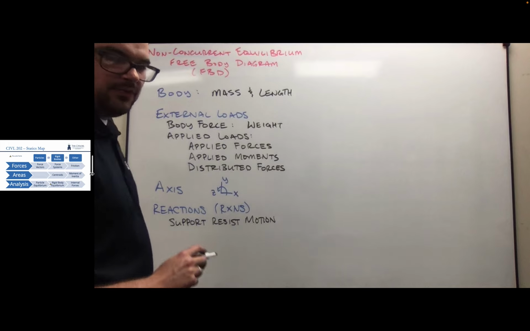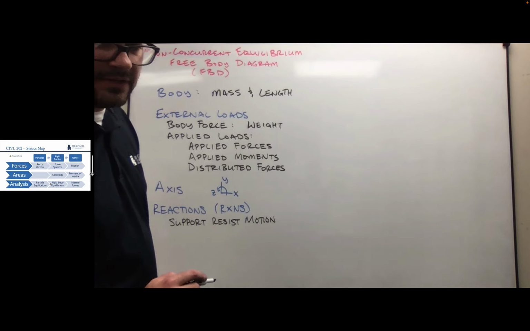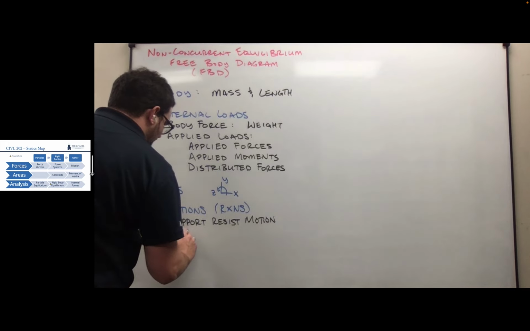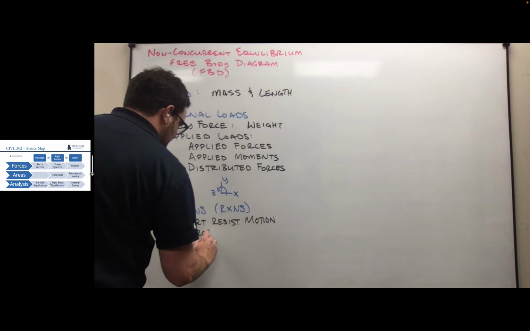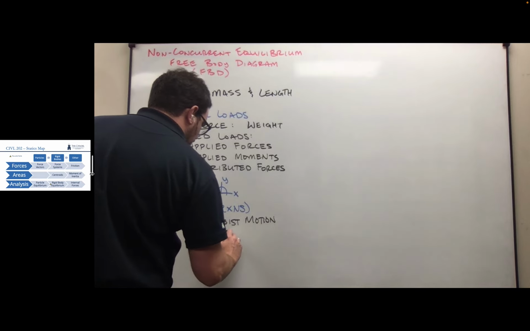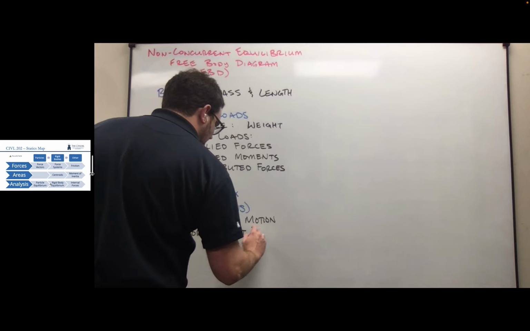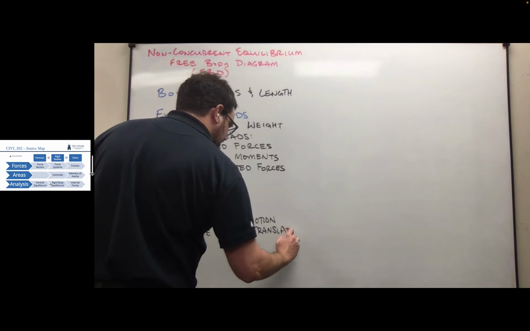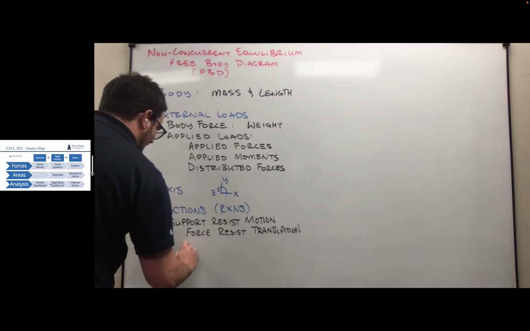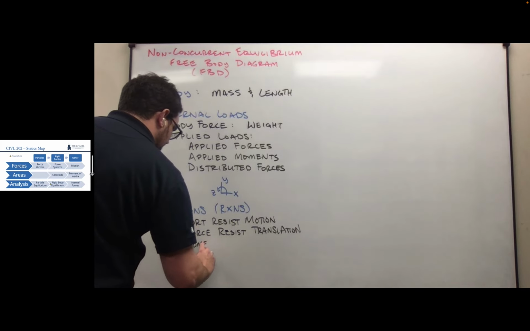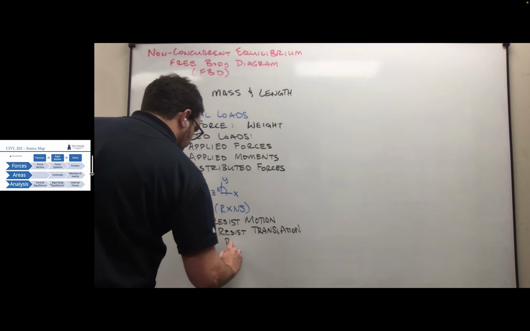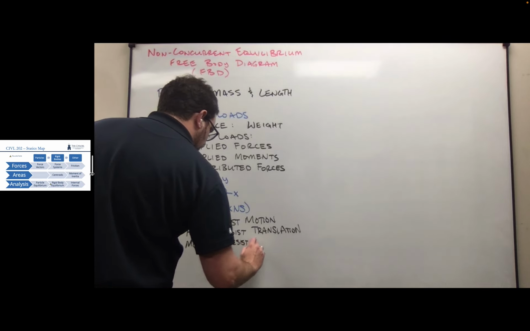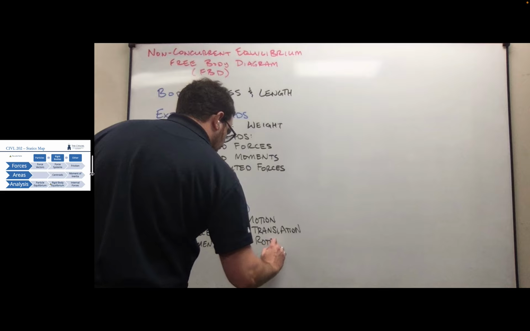So the question that we'll ask ourselves is that if we need a force in a particular direction to resist translation, or if we need an applied moment to resist rotation.